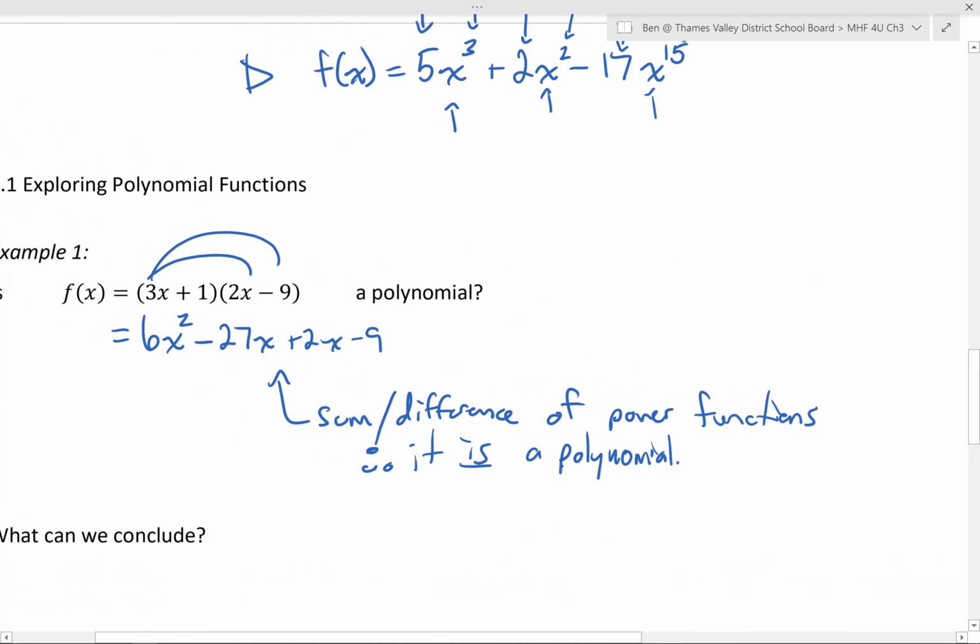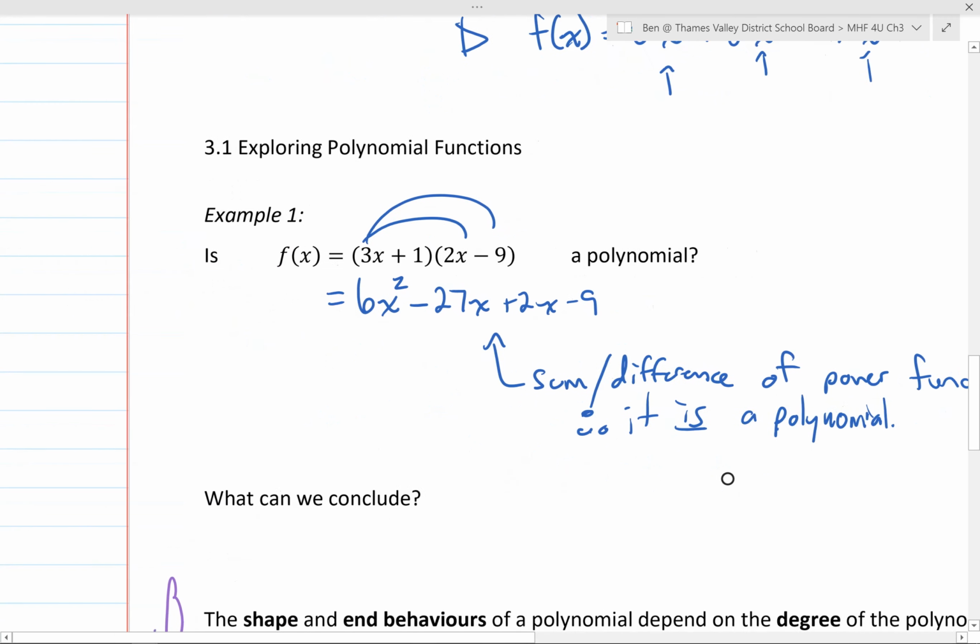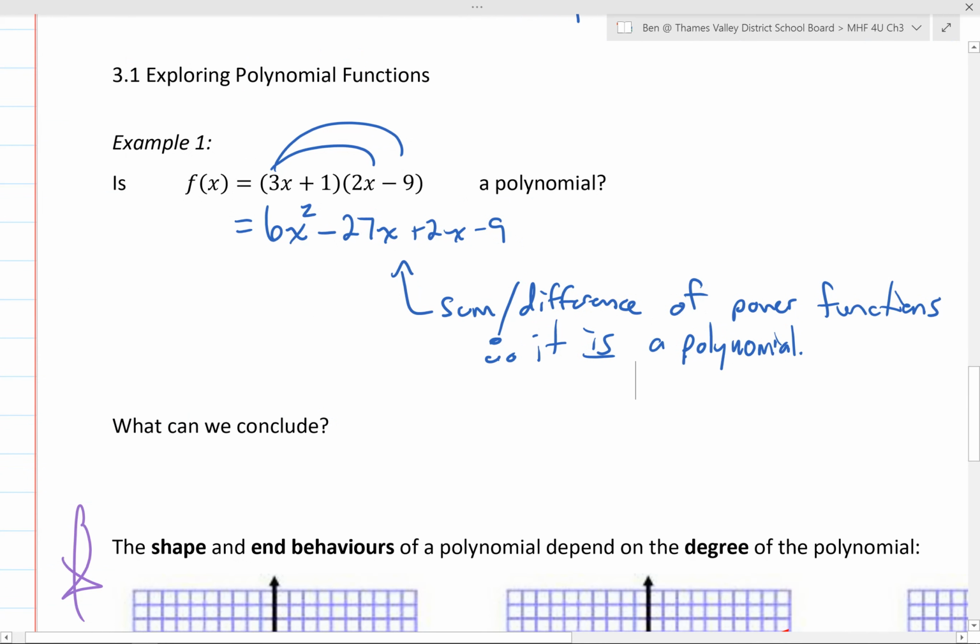Now, really what we can conclude from here is that a product of polynomials, and maybe we're jumping ahead by concluding it, but I'm hoping you can see at least this is one example where a product of polynomials will also be a polynomial, right, because of how our distributive property works.